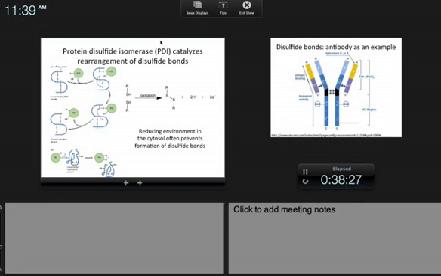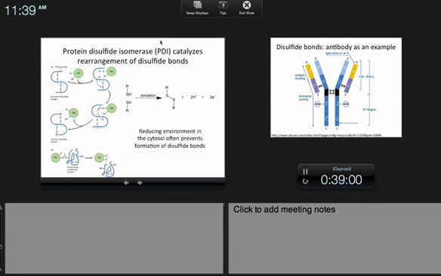If you're trying to remember the names of these enzymes, you can usually think to yourself, what does it do? Protein disulfide isomerase. Disulfide is right in there, right? So that's an easy one. And so it catalyzes the rearrangement of the disulfide bond. So sometimes you'll have the sulfur groups next to each other, and then you'll get this disulfide bond formation, but maybe it'll be in the wrong order for that protein.